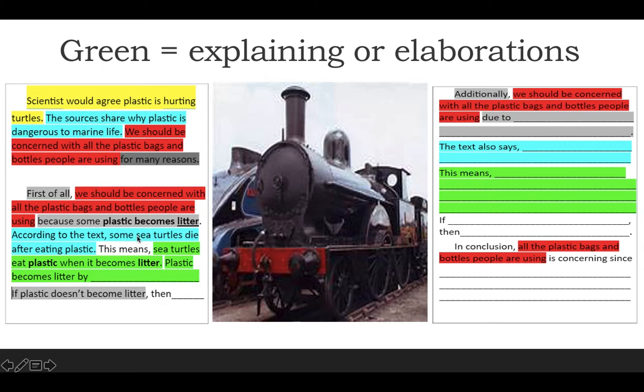I'm taking my evidence and I'm starting with what I talked about, and I said sea turtles eat plastic when it becomes litter. So I tied both this and this together, and then I'm going to explain that process. Plastic becomes litter by blah, blah, blah. Over here, I could do the same strategy again if I'd like. And that would be like the little ties between the cars where they're all connected.